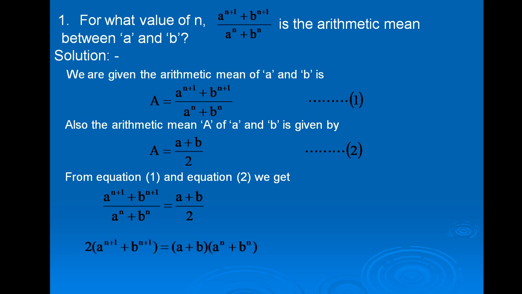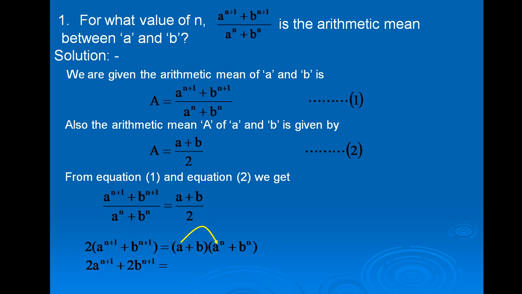Now cross multiply, we get 2(a^(n+1) + b^(n+1)) = (a + b)(a^n + b^n). Now the left hand side is 2a^(n+1) + 2b^(n+1). Now in the right hand side, open the bracket, first multiply a by each quantity in the second bracket.